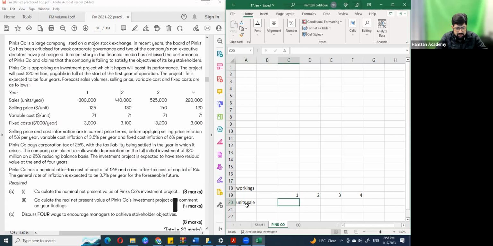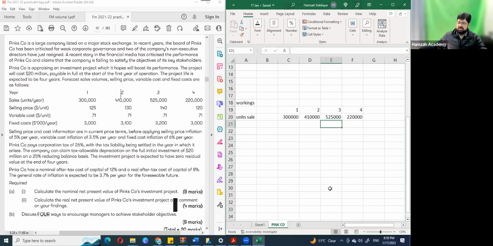They say 300,000 in the first year, 410,000 in the second year, 525,000 in the third year, and 220,000 in the fourth year.